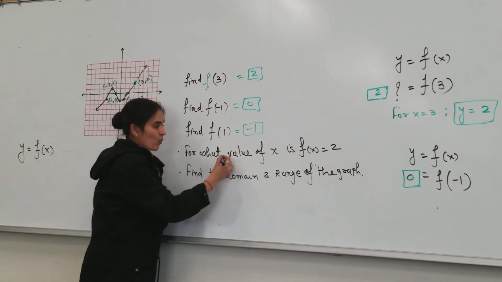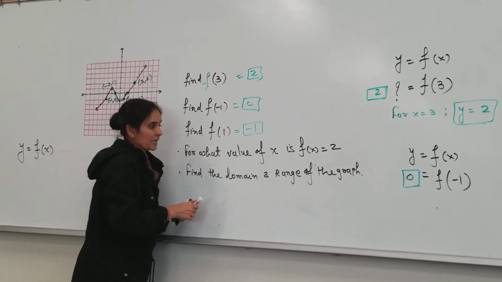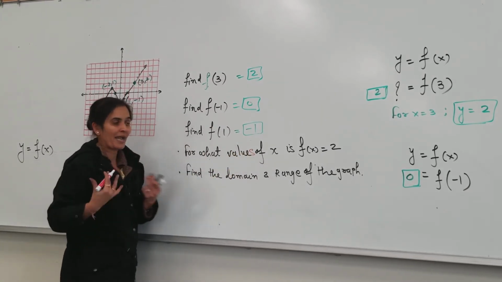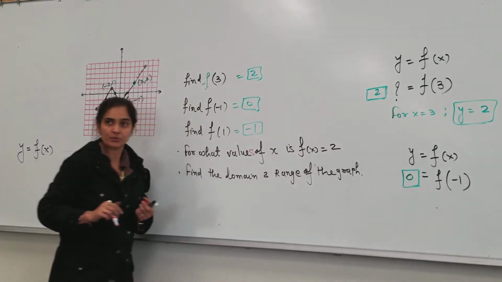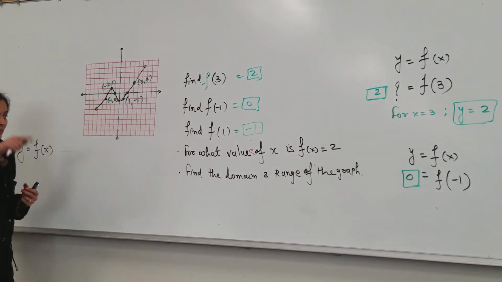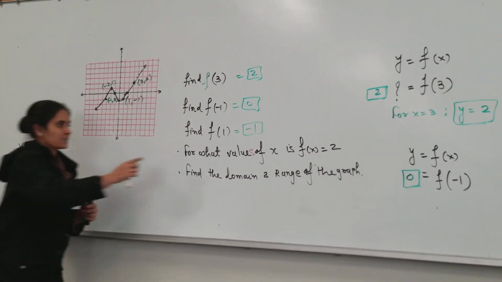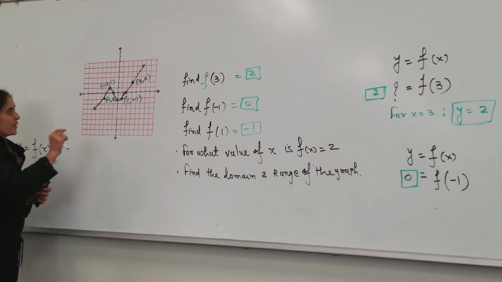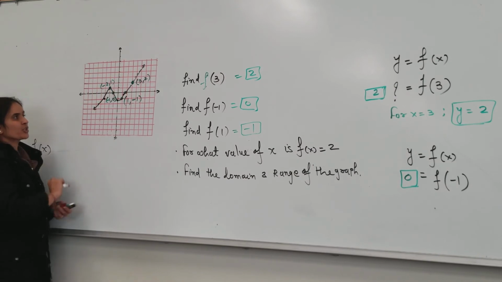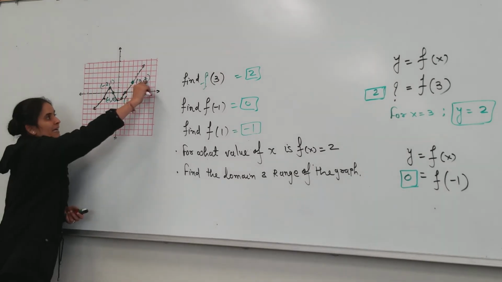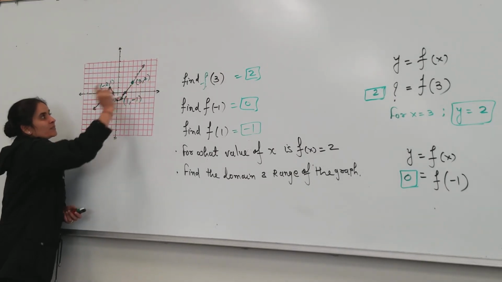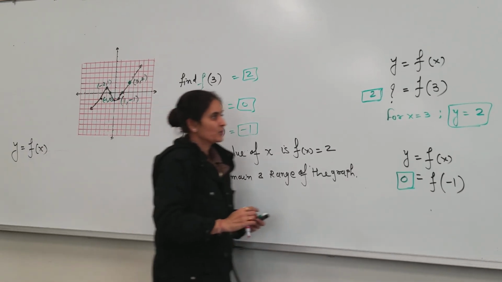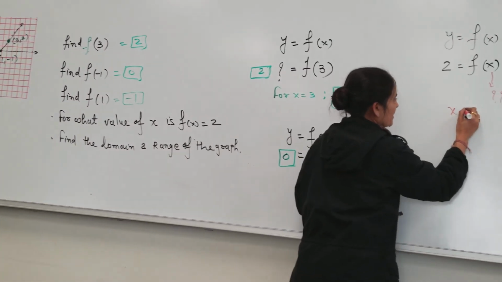Sometimes you can have more than one x value that gives you y equals 2. But here it says what value, so you have only one value. So where is your y equal to 2? 3. Exactly, so what x value? 3. So my x equals 3.